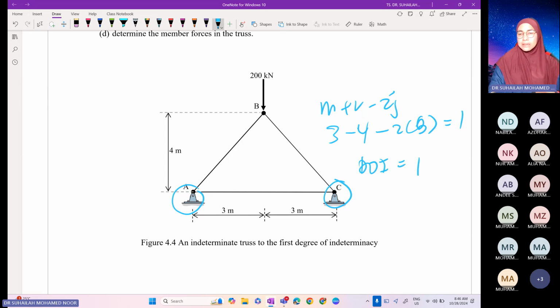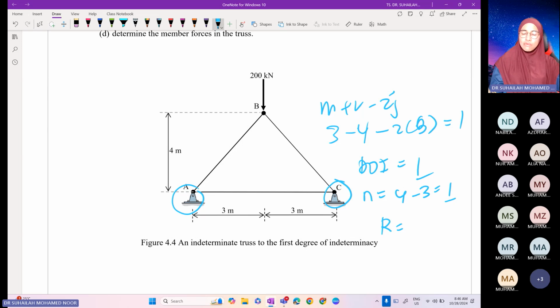So looking at the support, because there are four unknown reactions, we minus by 3 for the 3 equilibrium equations that can be used to solve the remaining reaction. Okay, this is equivalent to 1. So bila yang ni sama, maknanya dia punya redundant is come from reaction.